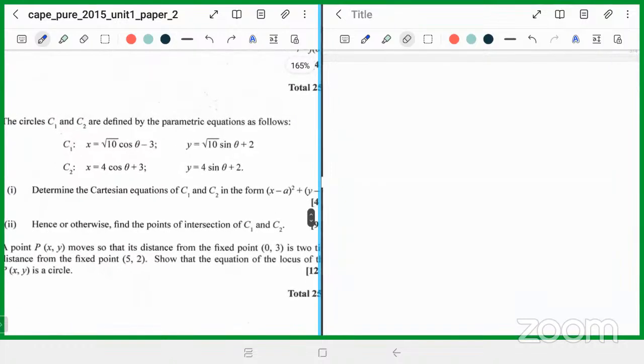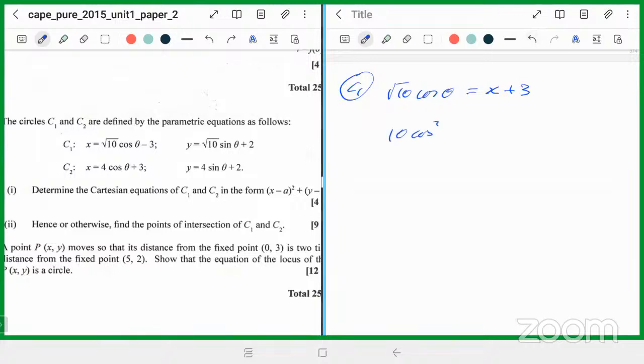So for C1, circle 1, this equation first, because this is root 10 cos and root 10 sine, I can make those the subject. So for circle 1, root 10 cos theta would be equal to x plus 3. I'm going to square both sides of this, and I get 10 cos squared theta equals x plus 3 squared.